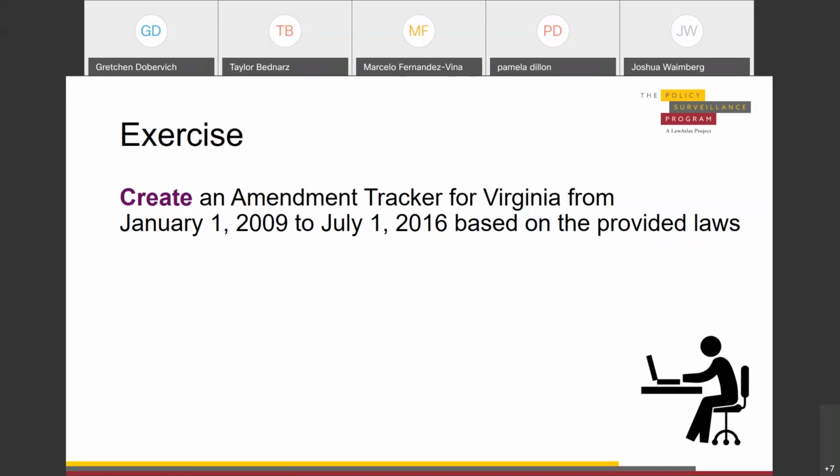So in that document, you want to use the provided laws to fill out the amendment tracker that we've given to you. Write a description of the changes made to the Virginia laws in the blank portion of the amendment tracker for each iteration, and then look to see if any of them would change the legal text and whether those are substantive. And then I'll show you our version of the amendment tracker so you can compare.